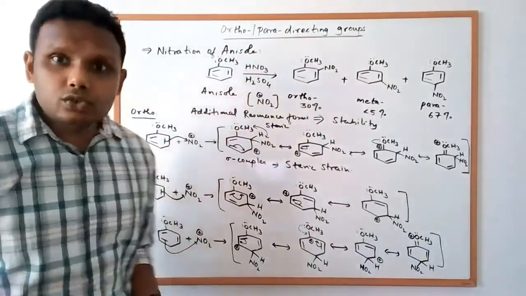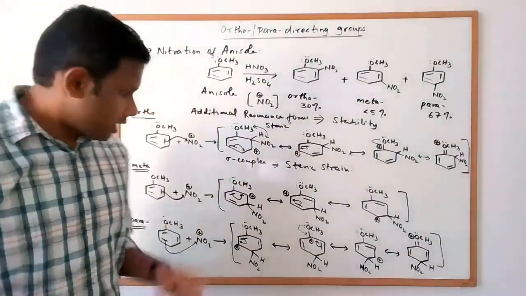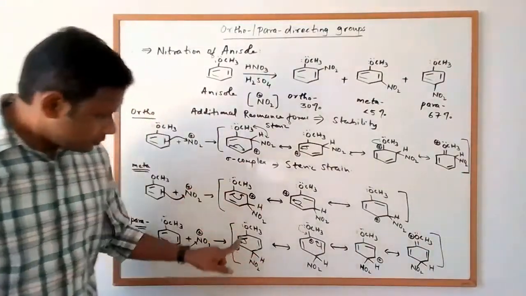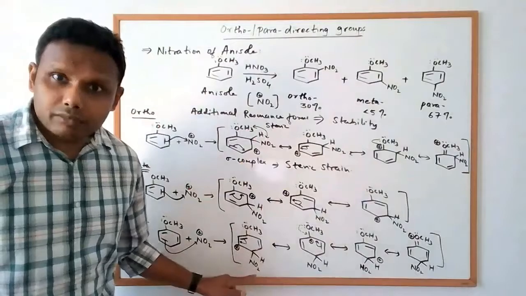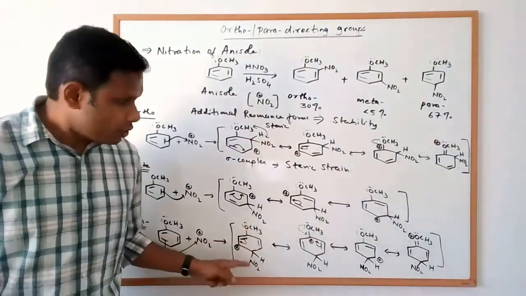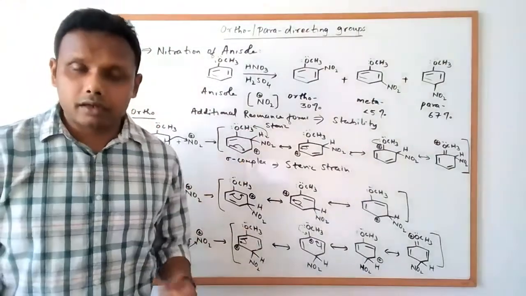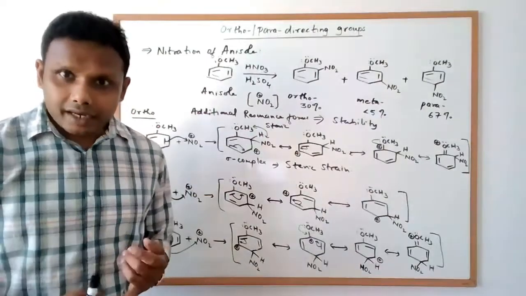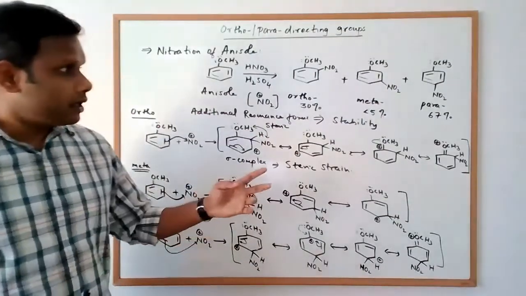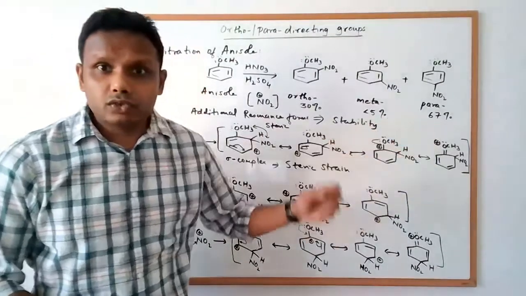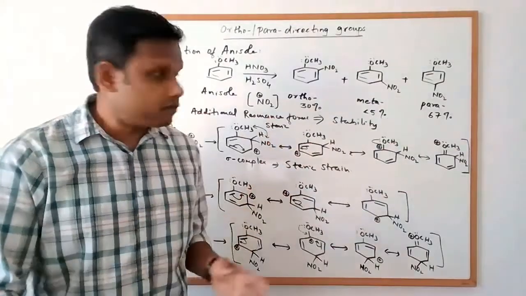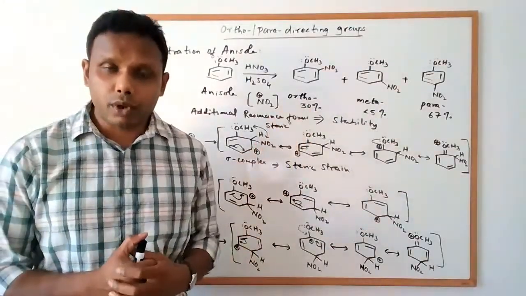So that leads to some steric strain. And that strain is missing in the sigma complex that leads to the formation of the para-nitro product. So sterics explains why the para product is favored or further favored over the ortho product.